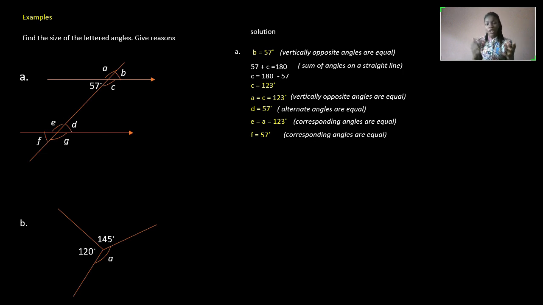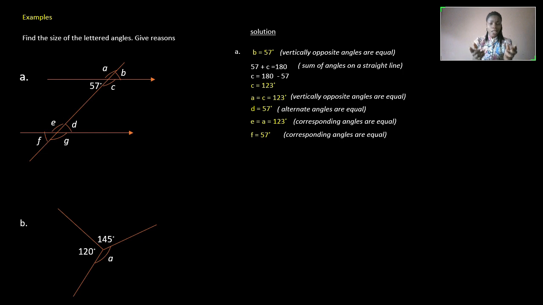Reason, corresponding angles. You can find angle F using sum of angles on a straight line by adding angle F to angle E and equate it to 180. You can equally find angle F equal to D, vertically opposite angles.